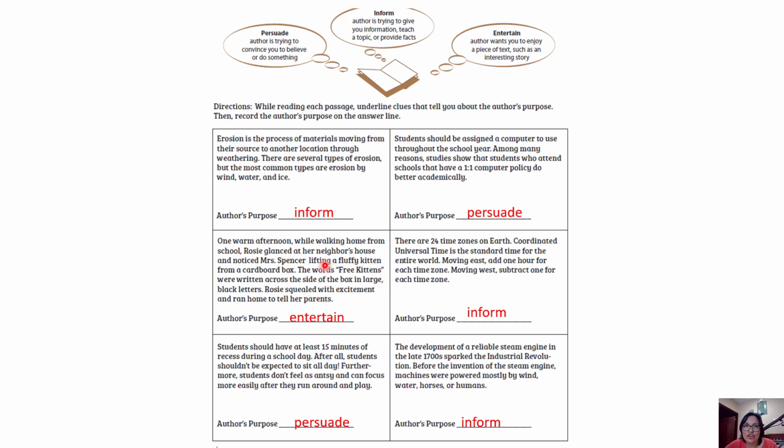This is like a little short story. So in this case, the author's purpose is to entertain you. Because when you read stories, short stories, or tales, you have fun reading because it's something that you are going to enjoy. So this one was entertain. It was not giving you information, and it was not trying to convince you about something. So it was trying to entertain you.